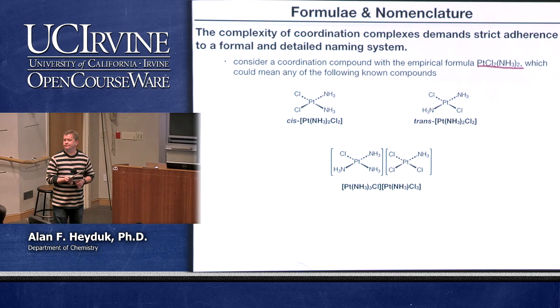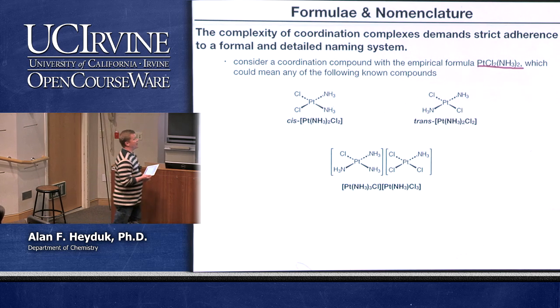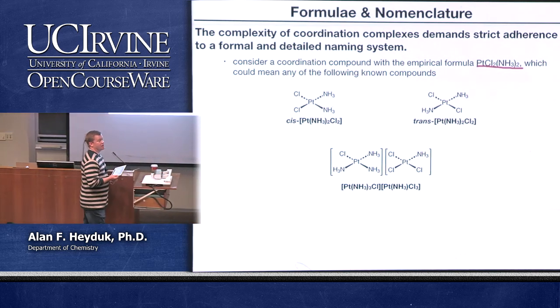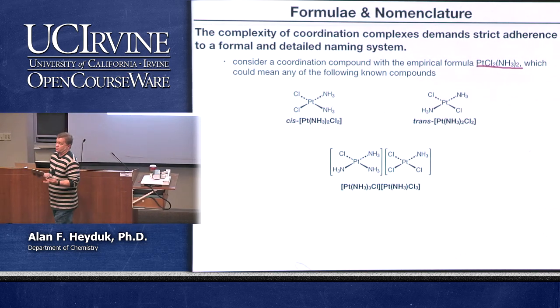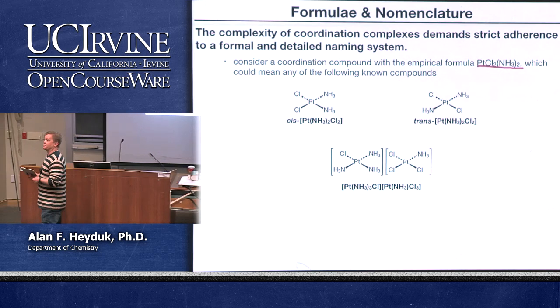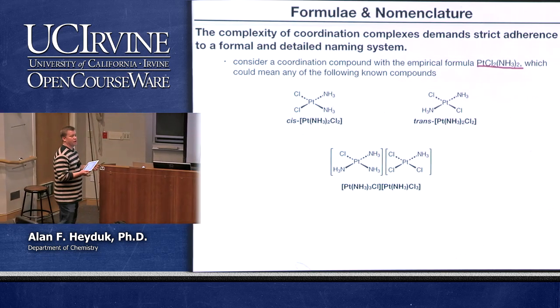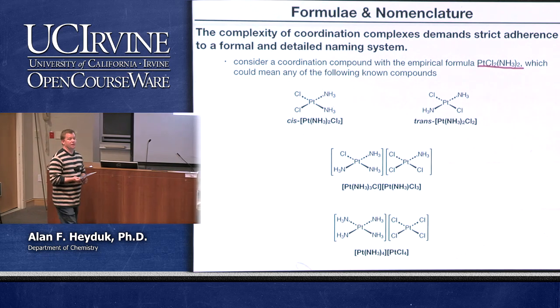Well, now that's weird. You can have the triammine platinum chloride cation with the ammine platinum trichloride anion. Has really the same formula, right? If you write out the formula, it ends up being PtCl2(NH3)2. Well, now we're just being downright mean, right?